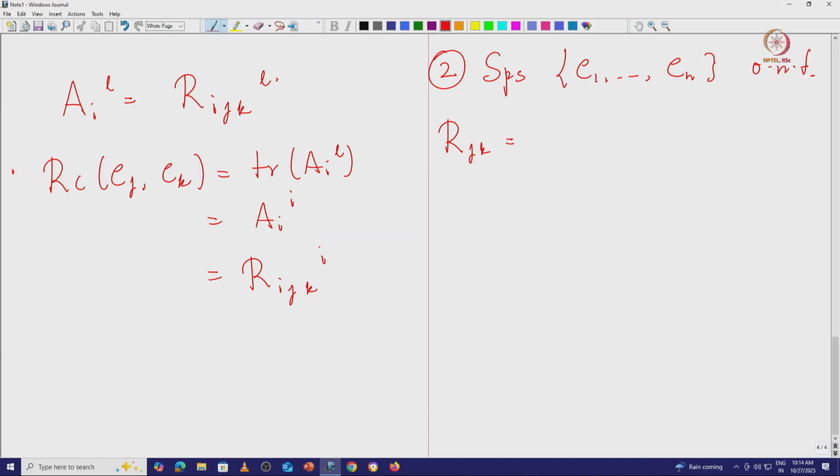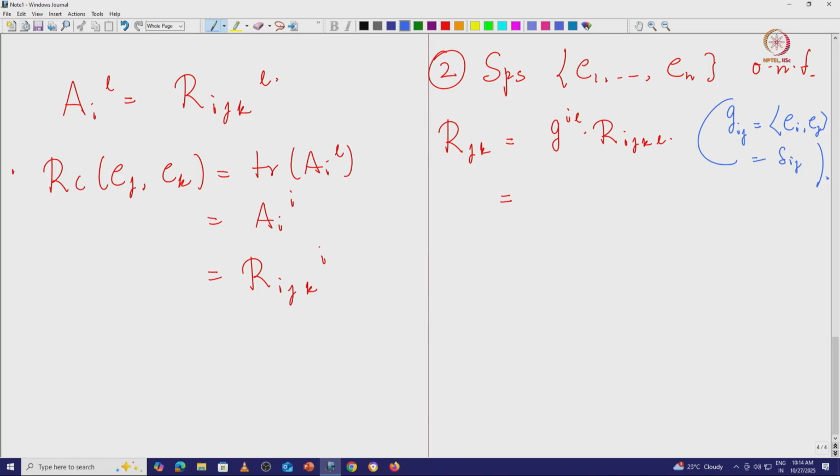That is simply g^il R_ijkl, but because I am working with an orthonormal frame, note that g_ij is the inner product of E_i, E_j, that is going to be delta_ij, which means that the matrix representing the metric, so the components g_ij, that matrix is precisely the identity matrix.